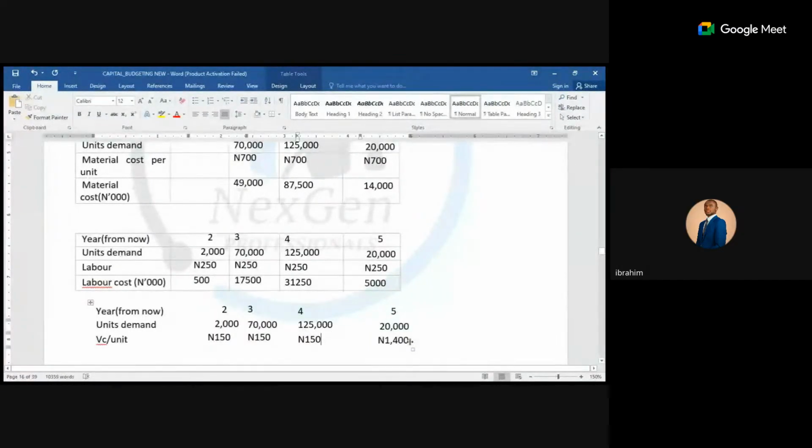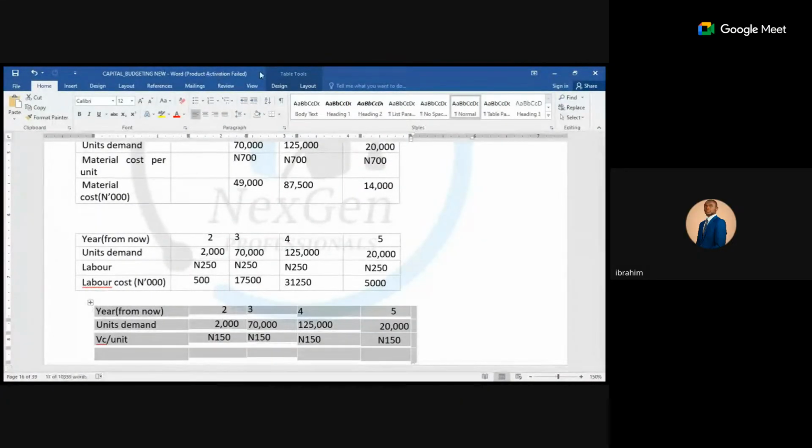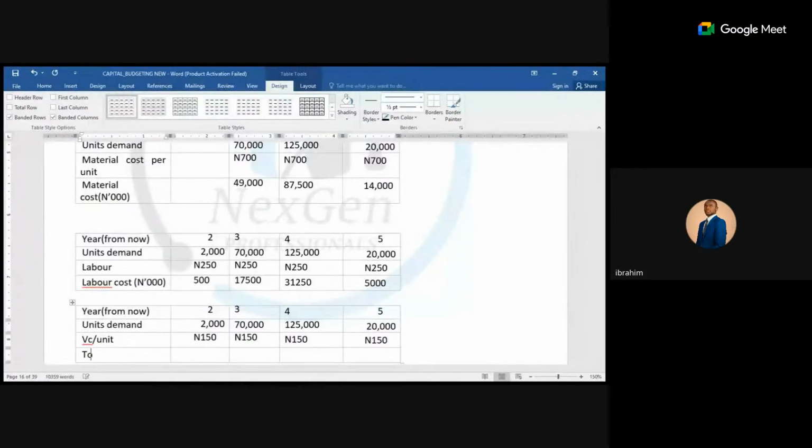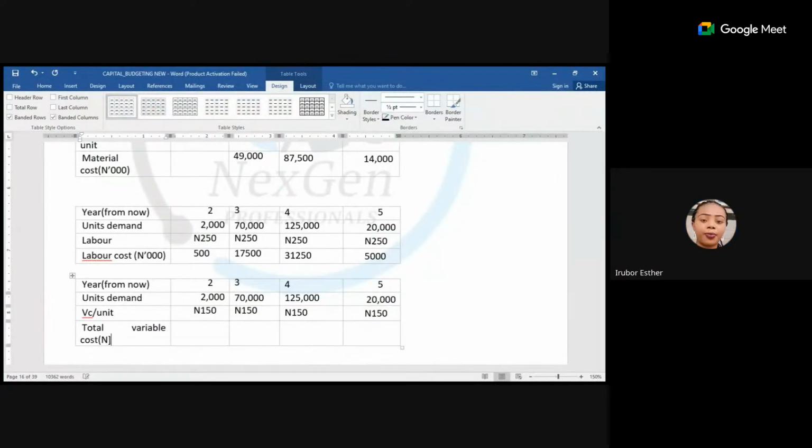So we need to multiply this. Please, I need the total variable cost overhead. This will be in naira. 300.